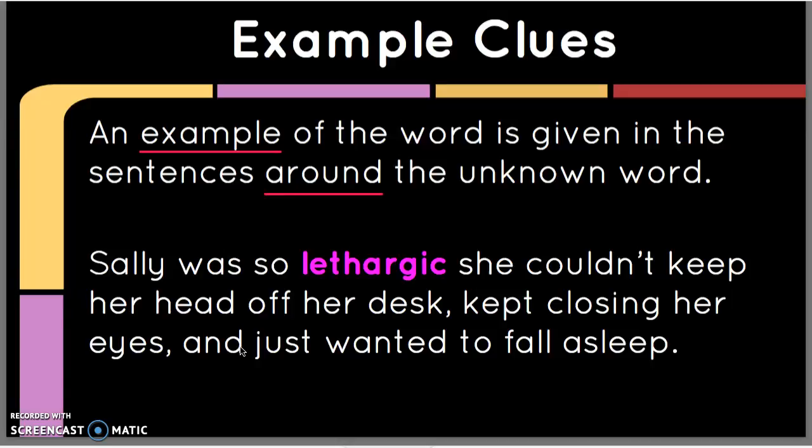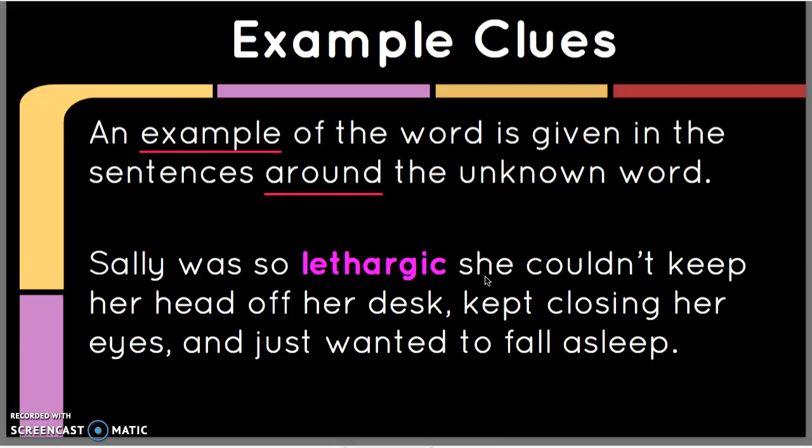Here is your example sentence. Sally was so lethargic, she couldn't keep her head off her desk, kept closing her eyes, and just wanted to fall asleep. So if I asked you what lethargic meant after this sentence, you are going to use the examples of lethargic to define it. Example number 1: she couldn't keep her head off her desk.